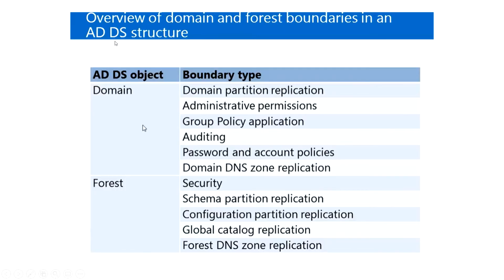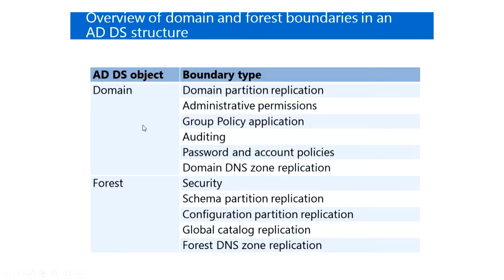So first we'll see the overview of the domain and forest boundaries in the ADDS. When we consider the ADDS objects, primarily it will be the domain and forest. So these are the two main objects.